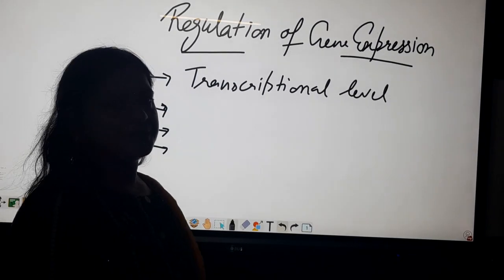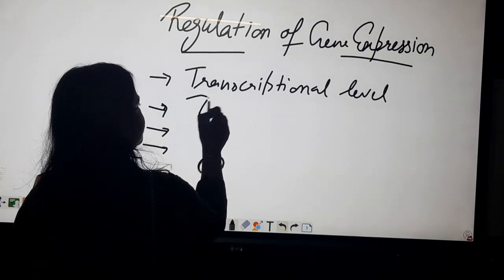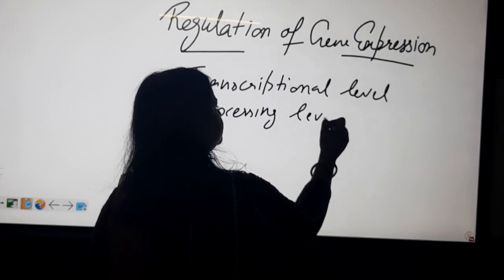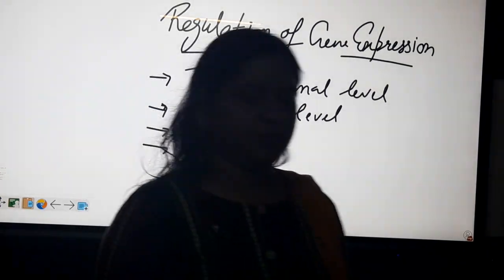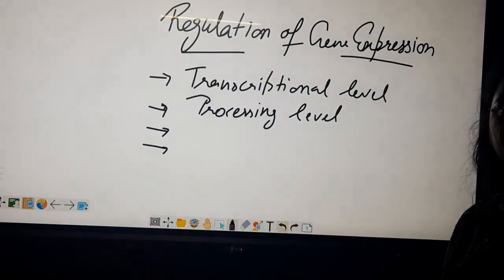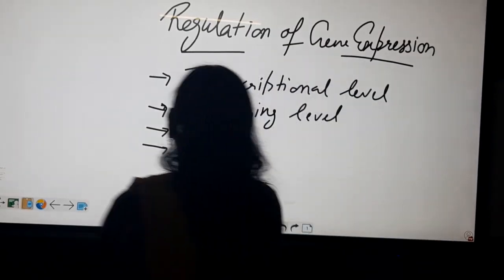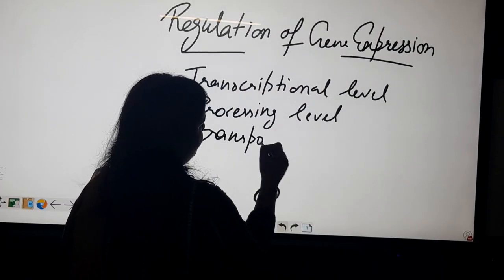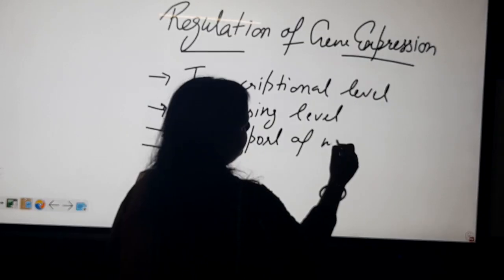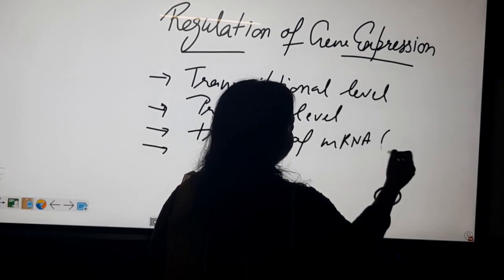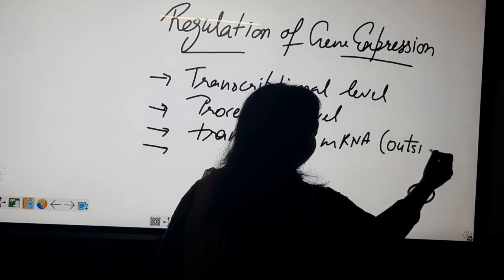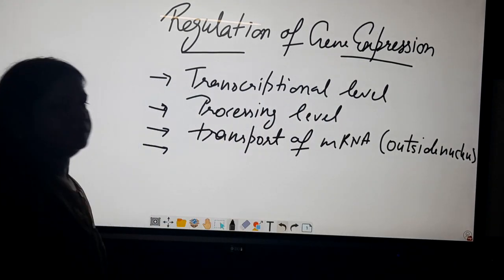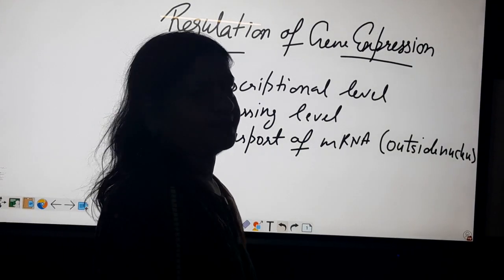Another one is during RNA processing, meaning the processing level. The third one is transport of mRNA outside the nucleus. The last one is the translational level.